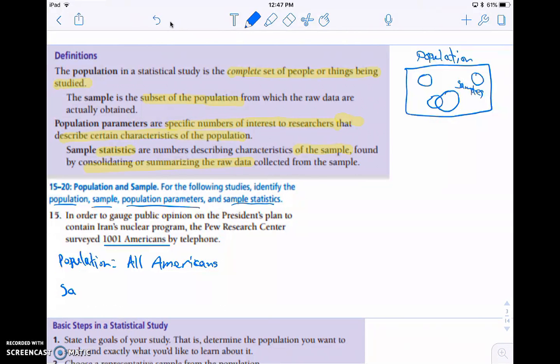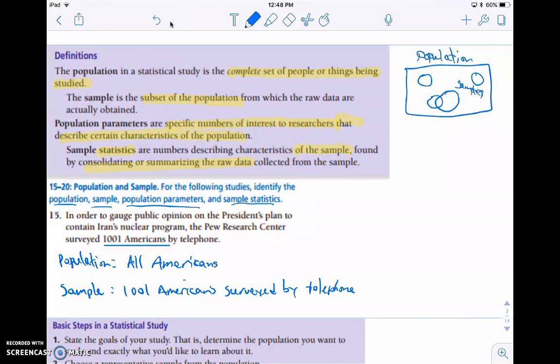And then the sample in this case would be the 1,001 Americans that were surveyed by telephone. So Americans surveyed, and the method they used was by telephone.